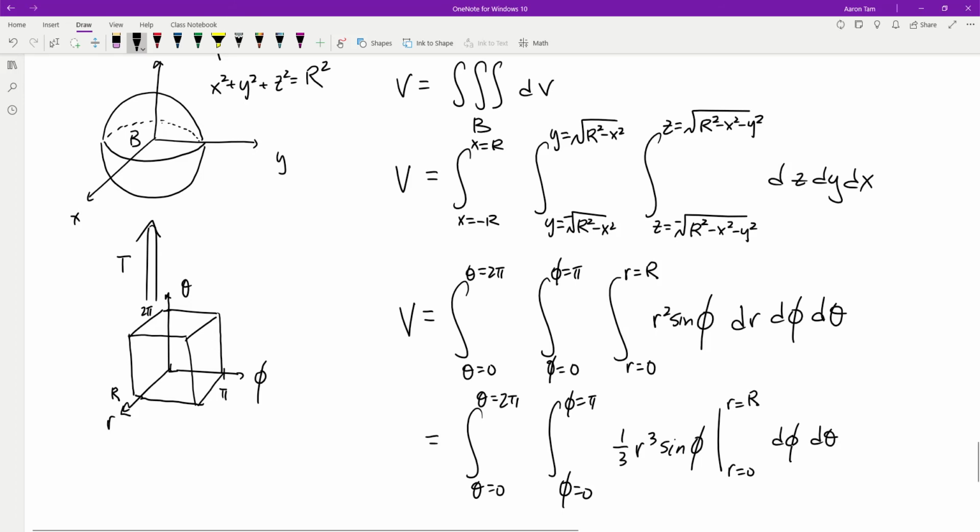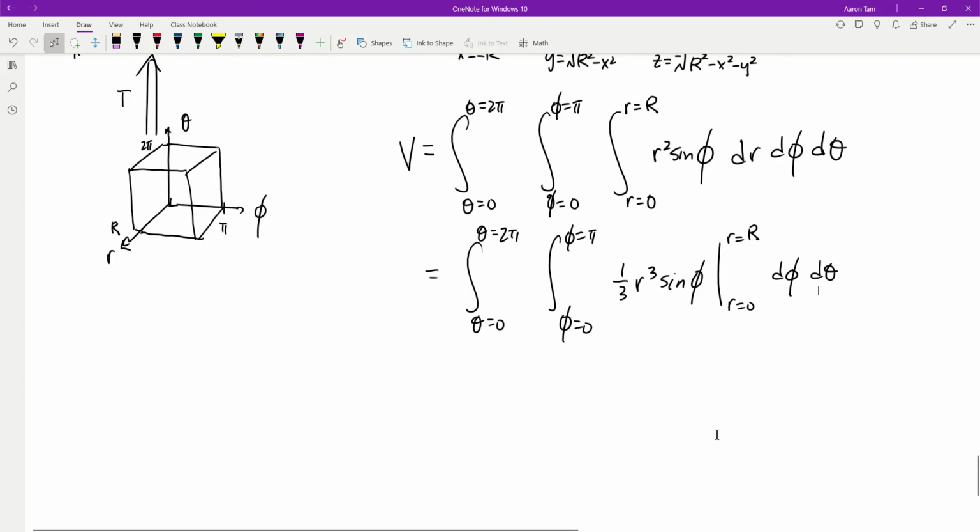And remember, capital R represents a constant, not a variable. So when I plug in 0, r to the third will be 0, so that's gone. When I plug in capital R, I just simply rewrite the lowercase r as capital R. So that would be my second integration.